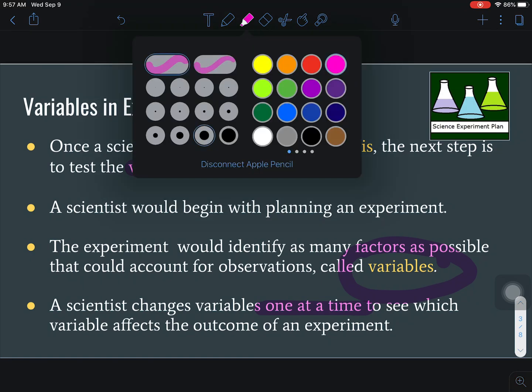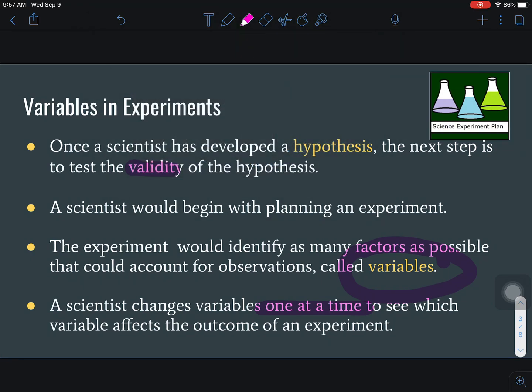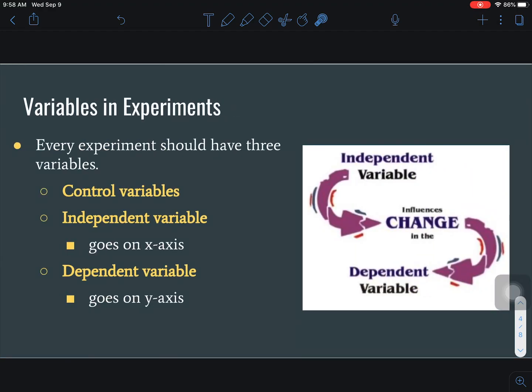We only want one variable to change at a time, to see which variable is the actual cause of the change in the experiment. We don't want to change 6 things at once. If something changes, then we can say what caused that change. It was the one thing that we changed, which caused the change in the outcome.